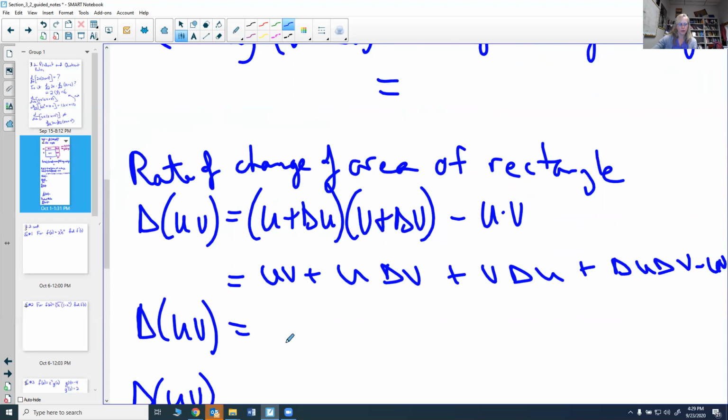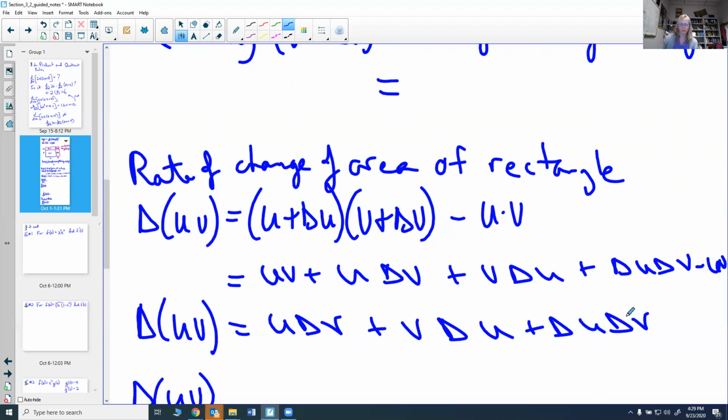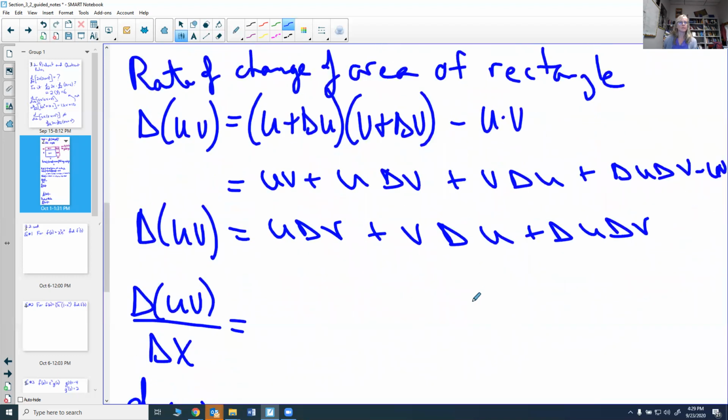So since we're subtracting that off, we have the area of the big rectangle minus the area of the small rectangle. We're looking for this change in UV, and we now can see that it is U times delta V plus V times delta U plus delta U times delta V. Okay, so we now have that.